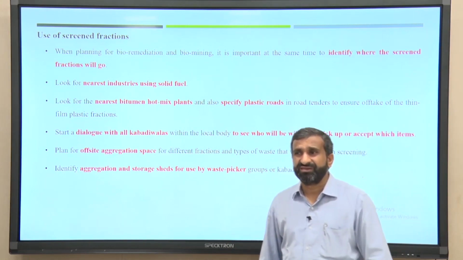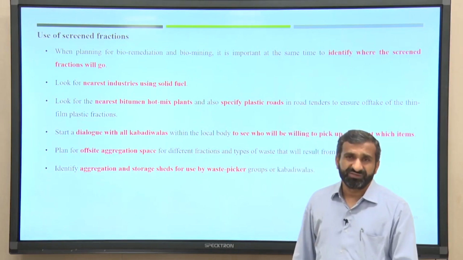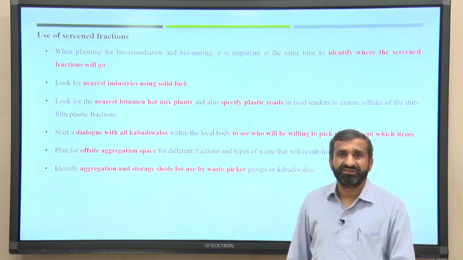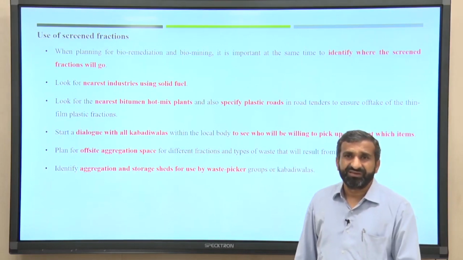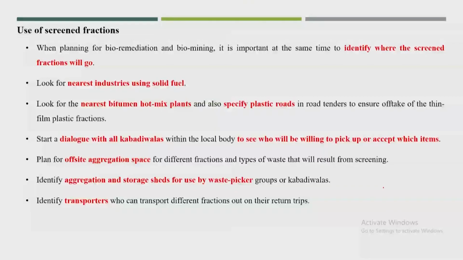So for them, I think it is good if you can provide one particular shed, some storage facility, where any kabadi wala can come and collect the waste material. Identify a transporter who can transport the different fractions on their return trip. This is also an important point, because if you can provide the kabadi walas with transport, that is also beneficial.